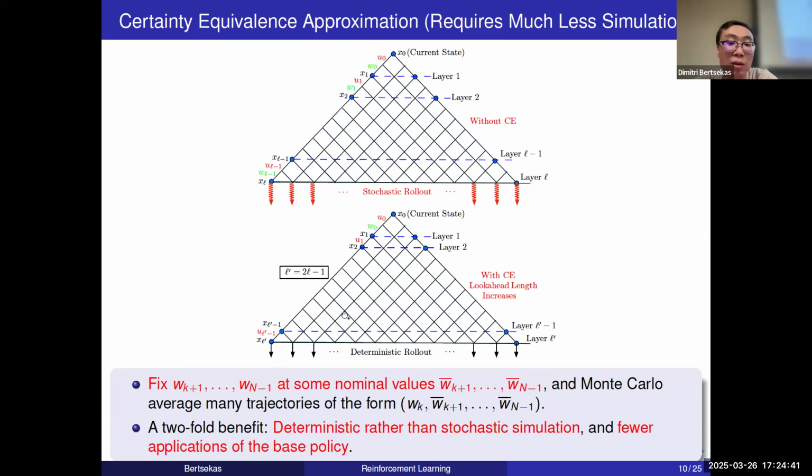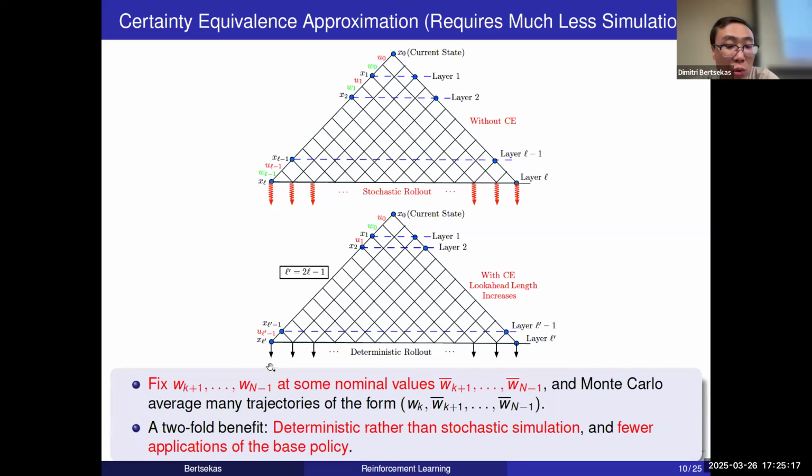Another saving is that, instead of running stochastic simulation where the values are averaged over multiple trajectories, starting from this XL we run the base policy with multiple samples all the way till the end of N, and average them in order to calculate the value J_L pi.